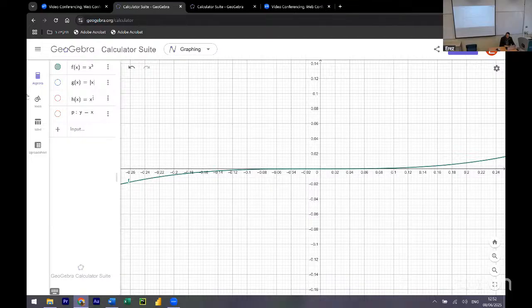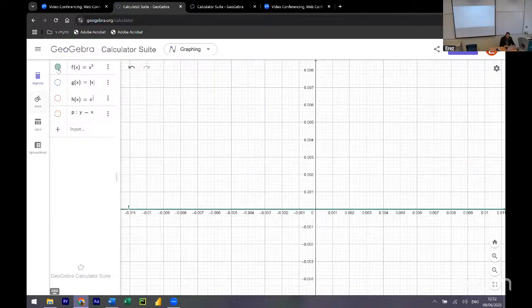What does the function look like? If you were to describe this function, it's like a flat line. It looks like a straight line, exactly. And what is this line called? The tangent. That's the tangent.